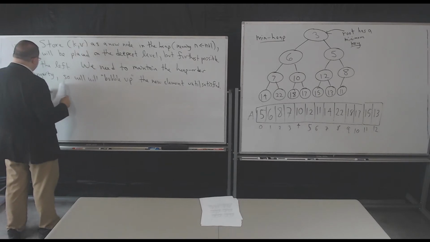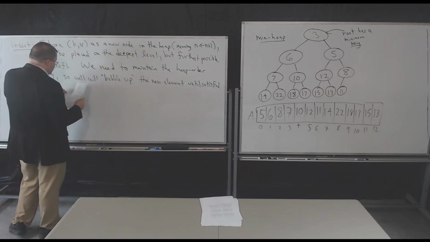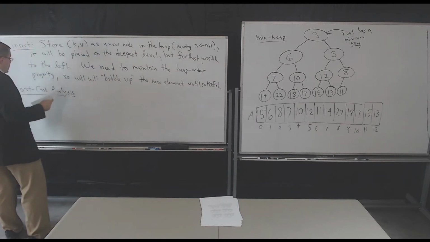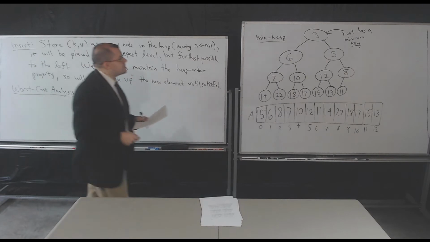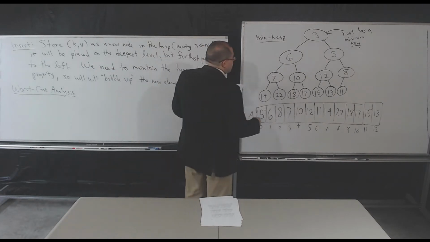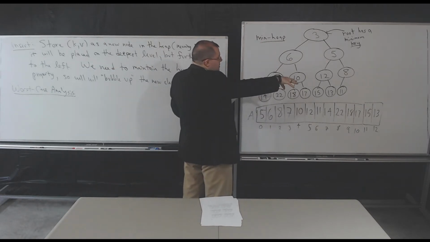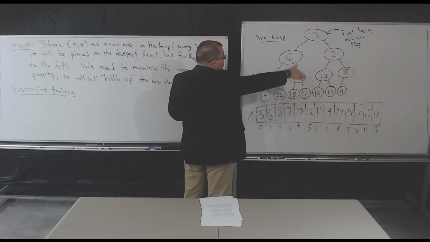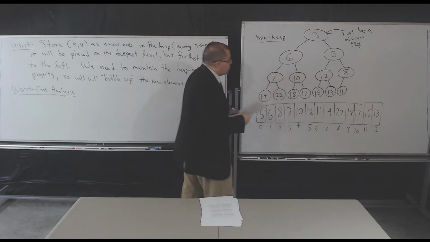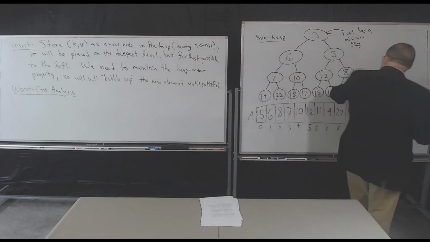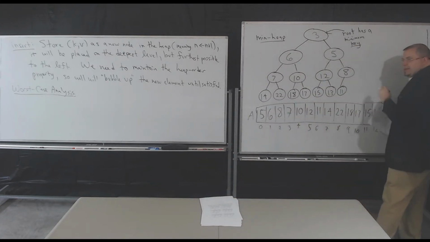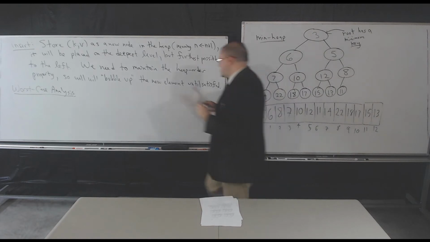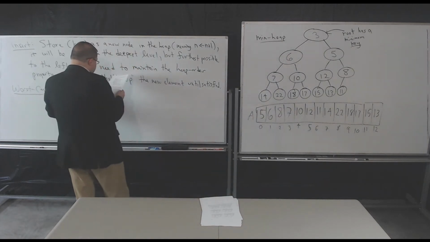So the worst case analysis here. So what's the worst case? Well, imagine that the node I'm going to put in, its key is less than every other node along its ancestors. So if I put this in, you'll notice that every single one of its ancestors, its key was bigger than it. That's our worst case scenario.